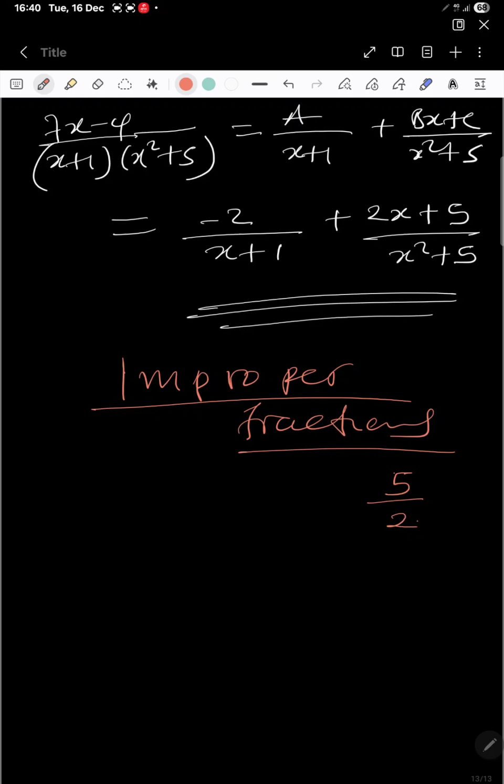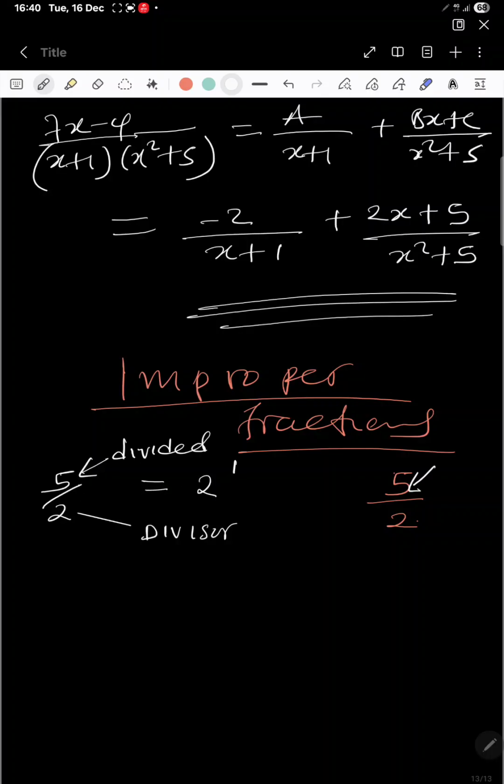It must interest you to note that the number on top is called the dividend. Let me write it here. So if you have 5 over 2, the 5 is called the dividend, and the 2 is called the divisor. The answer that you get, if you say 2 into 5, you get a 2, remainder 1 over 2.